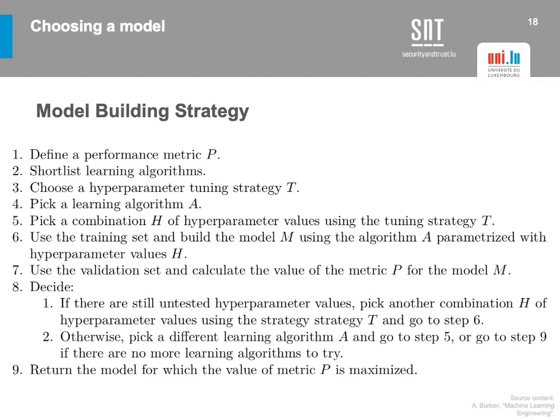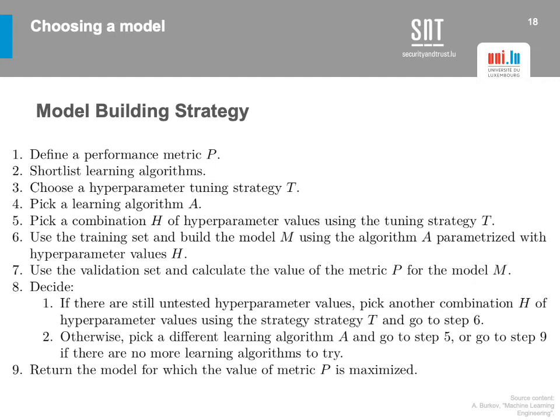And then you can decide: is my model good enough or not? And do I still have untested hyperparameter values that I want to test? If that's the case, well, I pick another combination of hyperparameter values and I train my model again.